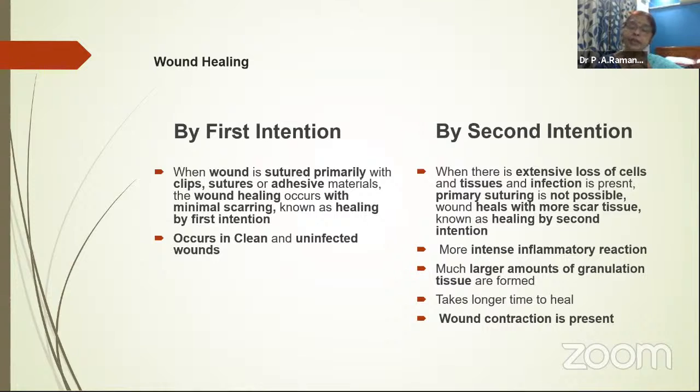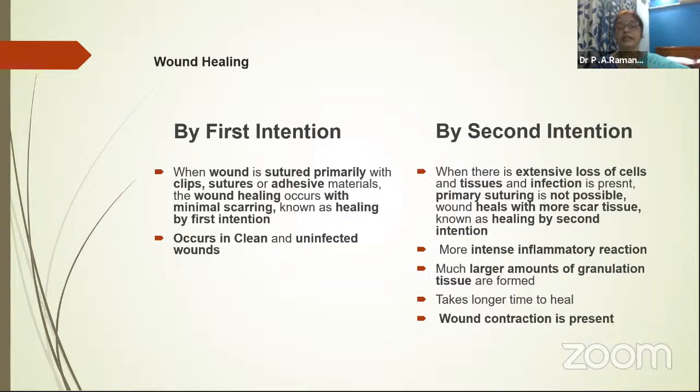The inflammatory phase is very intense. Large amounts of granulation tissue are formed during the proliferative phase, and since there is loss of tissue, the defect is to be filled. This takes a longer time to heal, and more and more granulation tissue, more and more collagen is laid down by the fibroblasts.